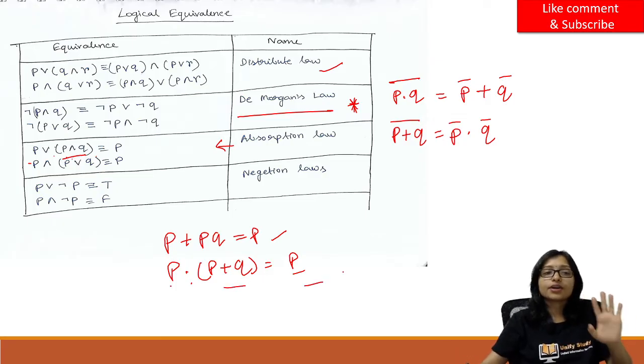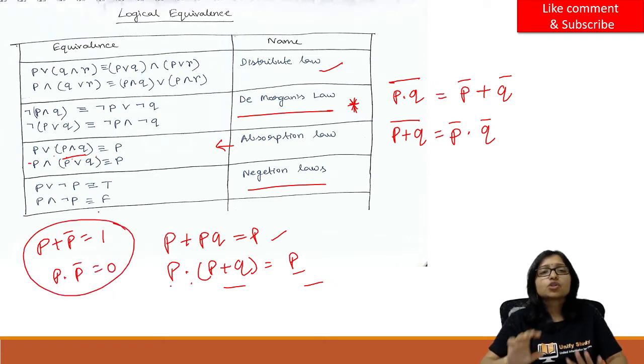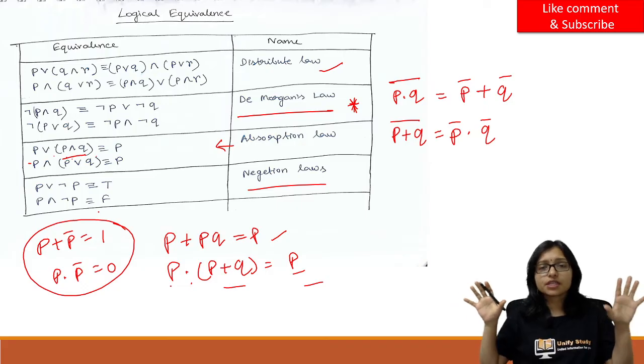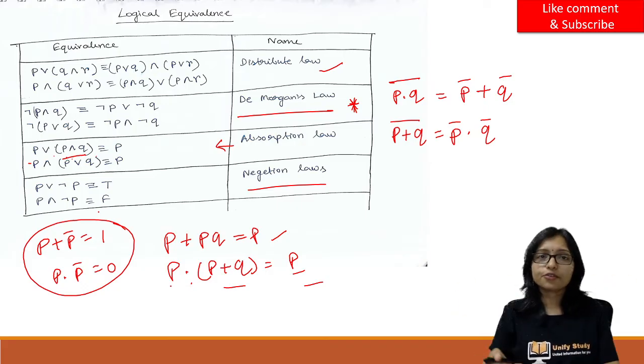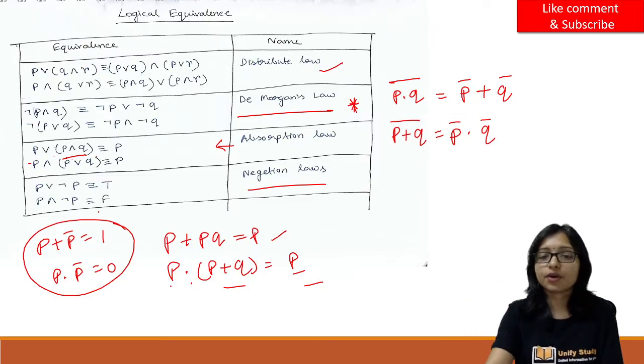And another one, negation: P plus P bar equals 1 and P dot P bar equals 0. So these are the simplification rules you have to apply for digital logic, propositional logic, everywhere.